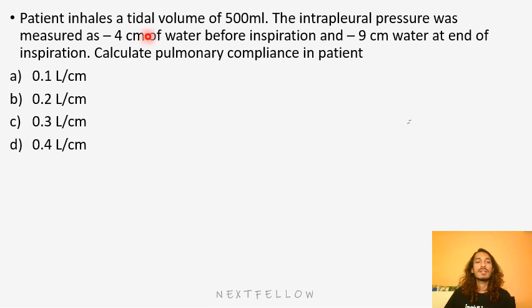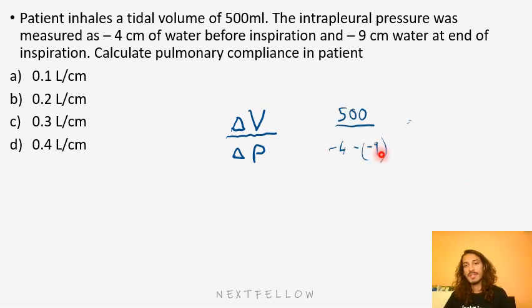A patient inhales a tidal volume of 500 ml, and the interpleural pressure varied from -4 to -9. So what you have to understand is the change in pressure was -4 to -9, and that difference brought about a volume of 500 ml. So -4 minus -9.